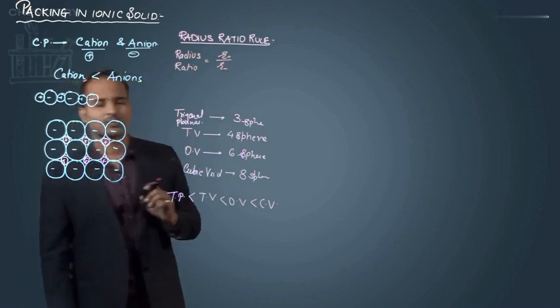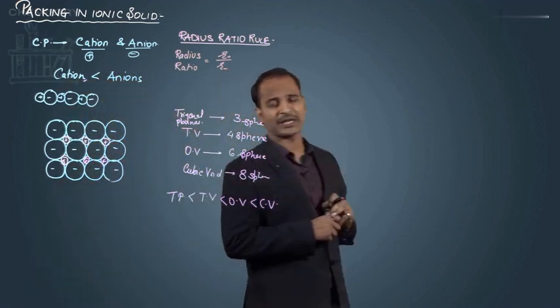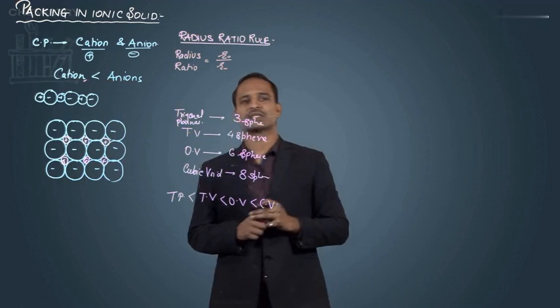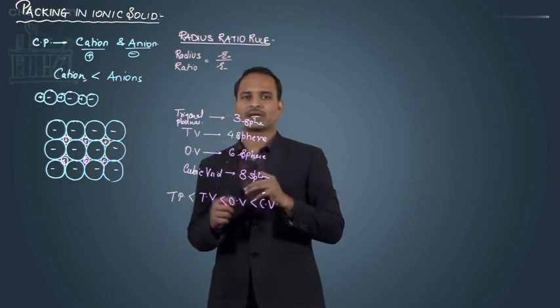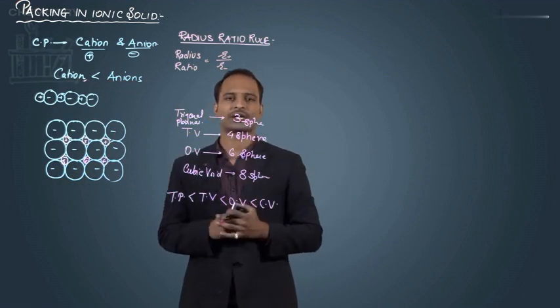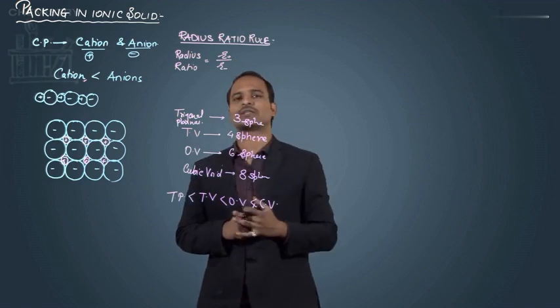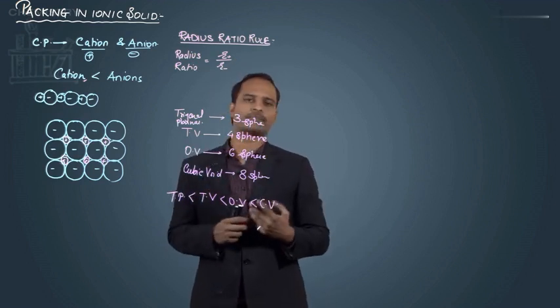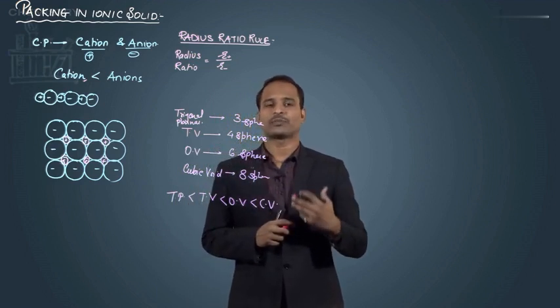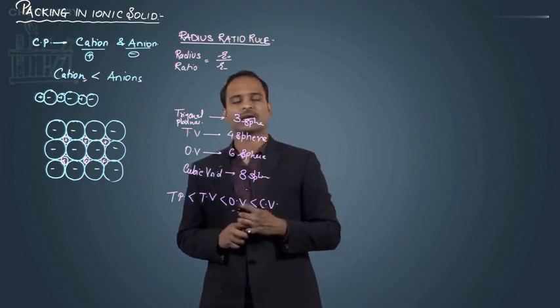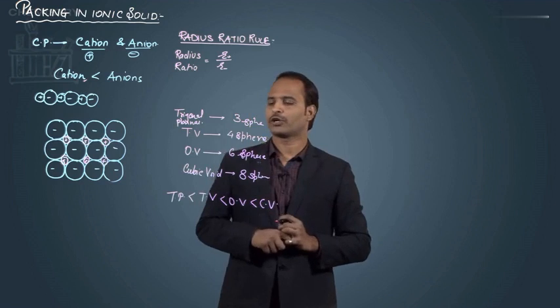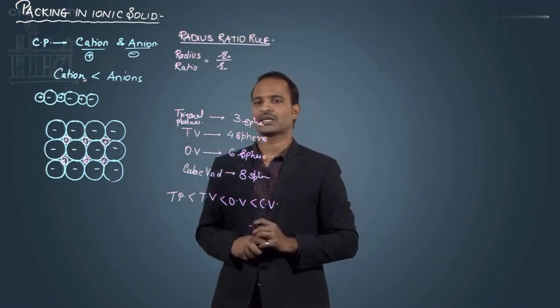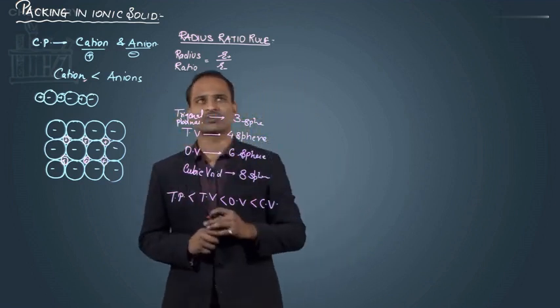The cation and anion both are spherical in shape, and being spherical, the size is decided by the radius of the sphere, r plus for the cation and r minus for the anion. With the help of this radius ratio, I can predict which void the cation will occupy, whether trigonal planar, tetrahedral, octahedral, or cubic void.